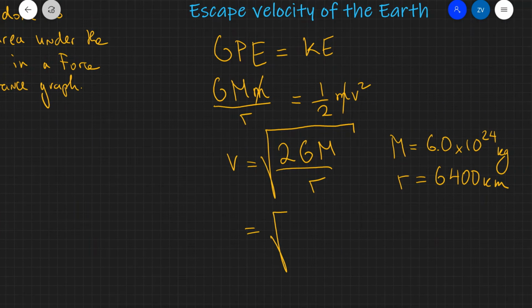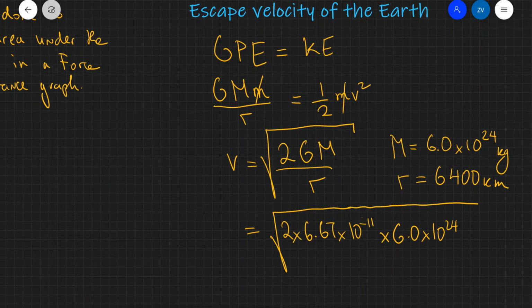So this will be equal to the square root of 2 times the gravitational field constant, 6.67 times 10 to the power of minus 11, multiplied by the mass of the Earth, which is 6.0 times 10 to the power of 24.